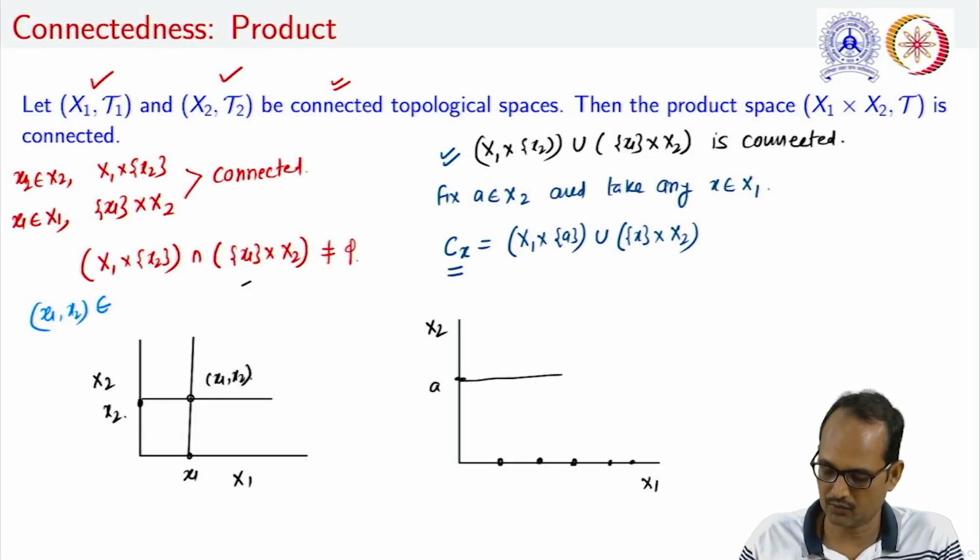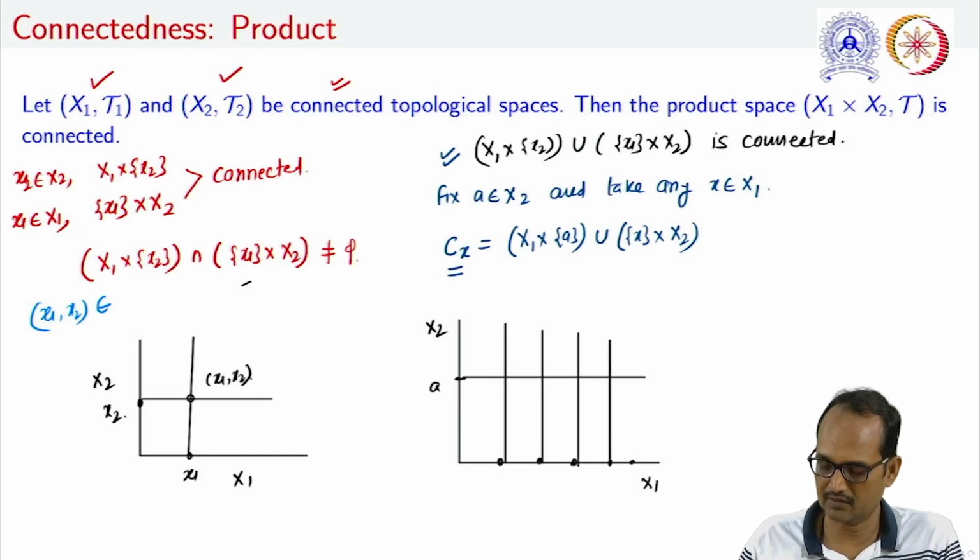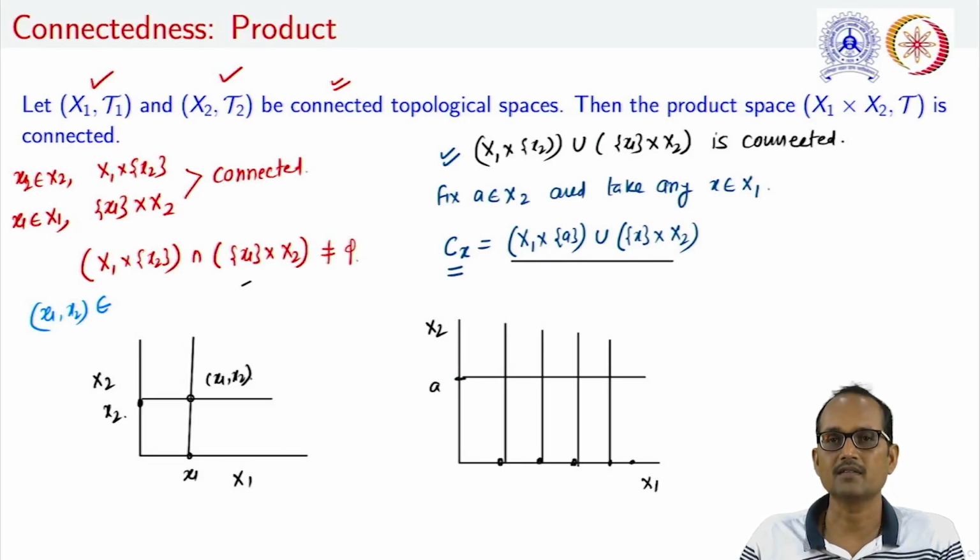This is the horizontal slice, and corresponding to every x belonging to x1 we can construct these vertical slices. For all x belonging to x1, if we take a set of this form, their intersection will always be non-empty.